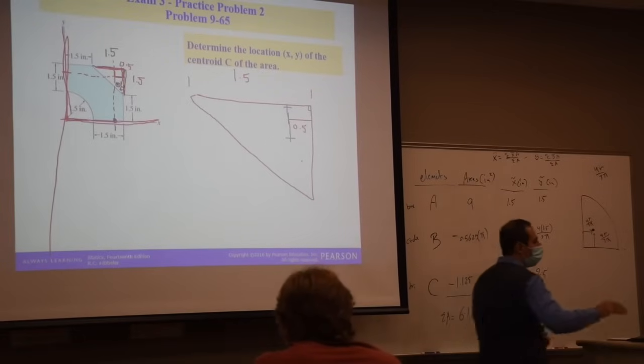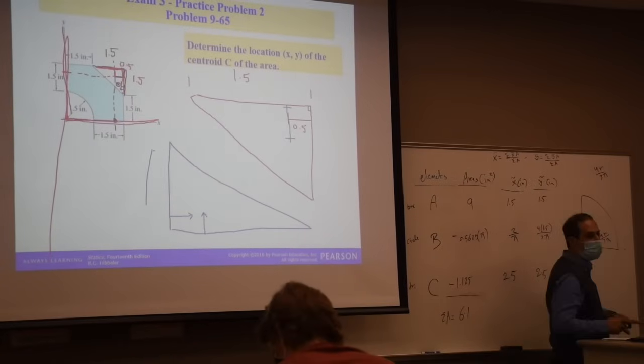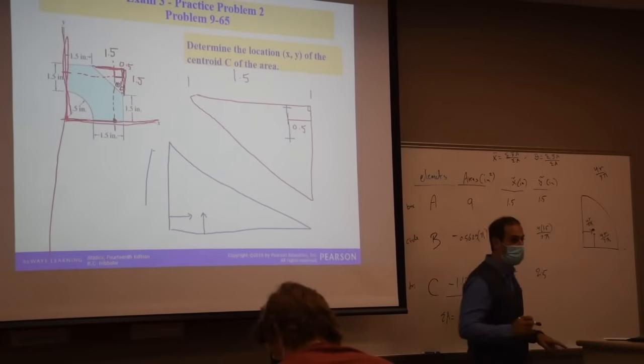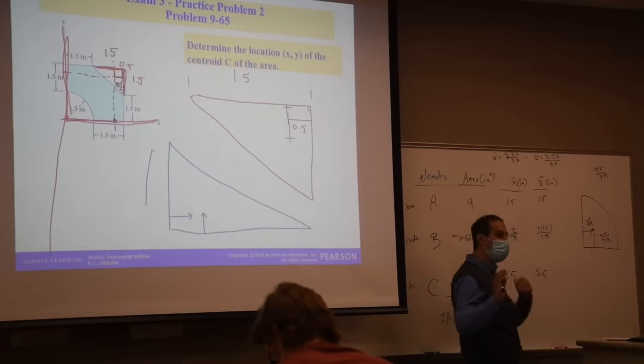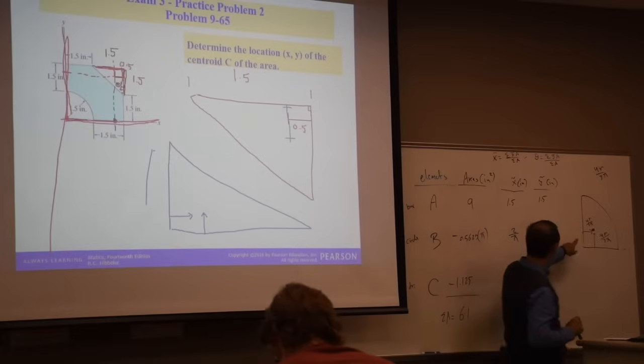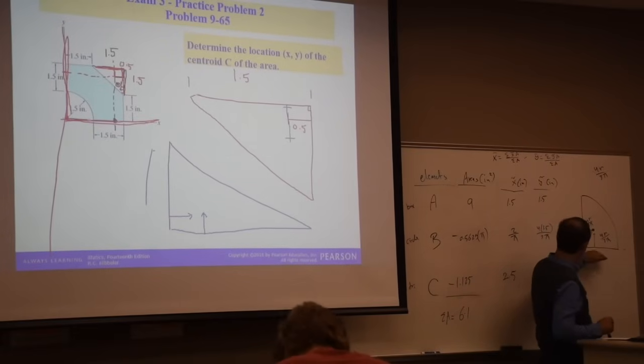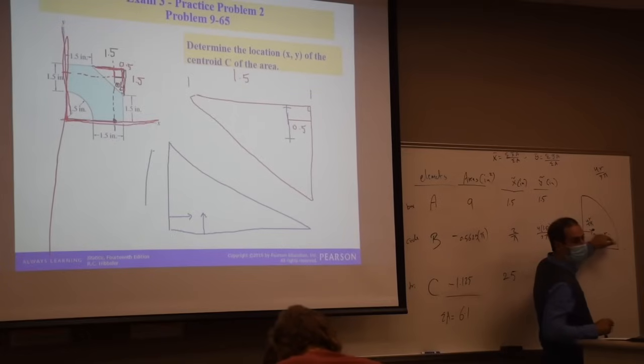So let's go back to the triangles. How would you do this? From this side and from that side. Always. For a quarter circle, there is a rule that says my centroid is always 4r over 3 pi away from the x-axis and 4r over 3 pi away from the y-axis.